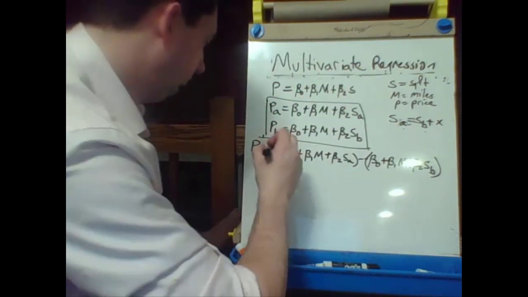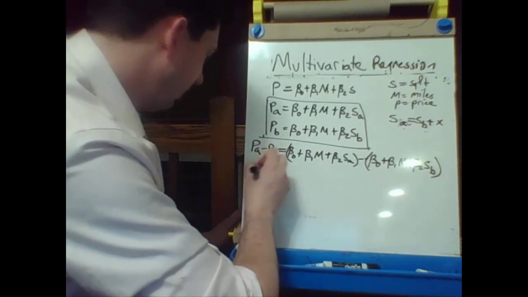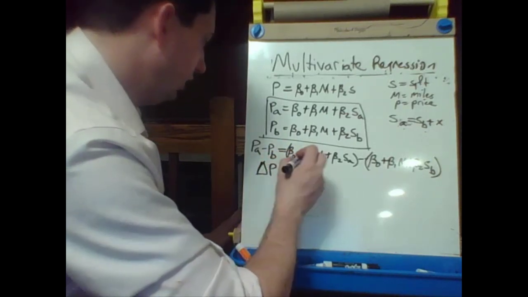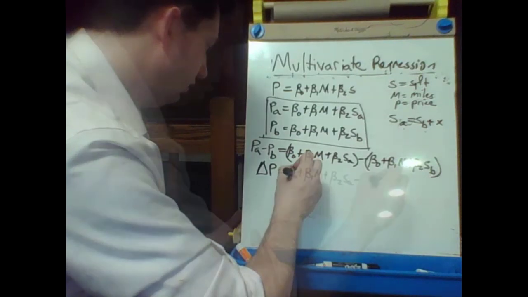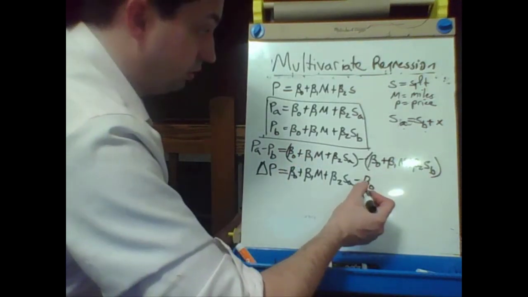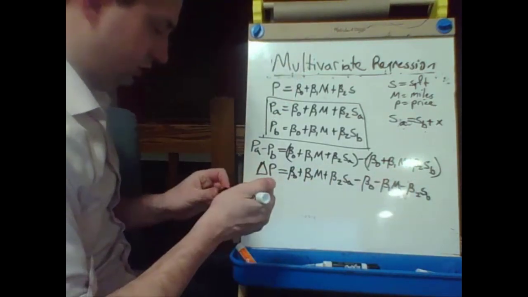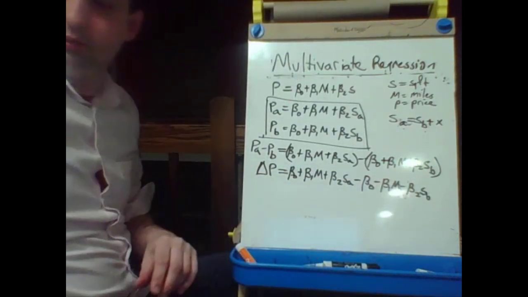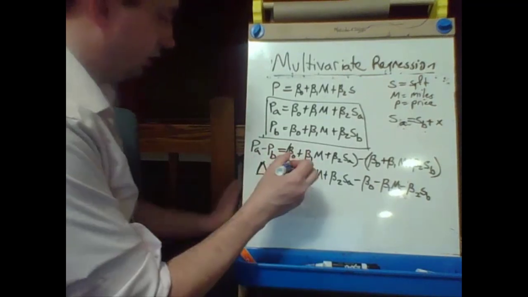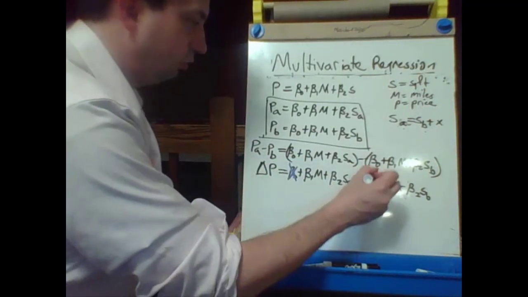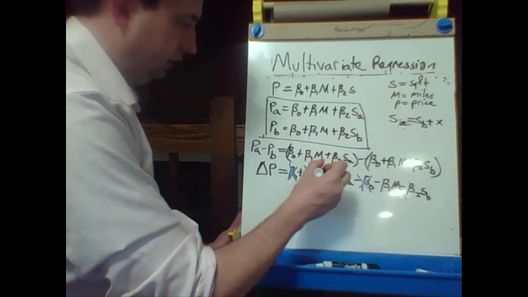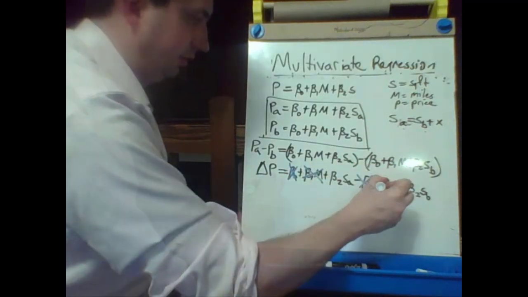So we're just going to abbreviate that. Change in price equals... I'm going to distribute that negative sign. And now you'll see this cancels with this, this cancels with this.